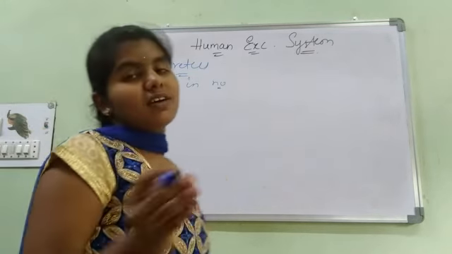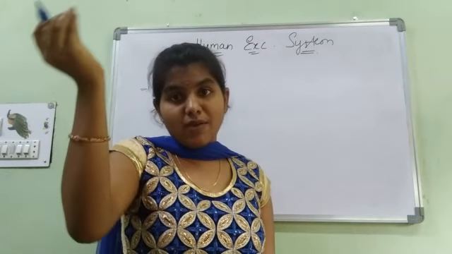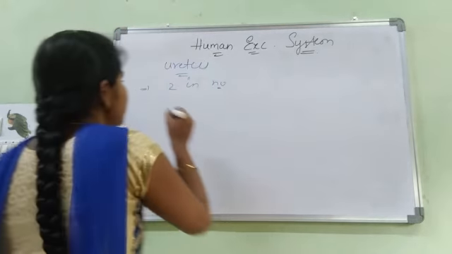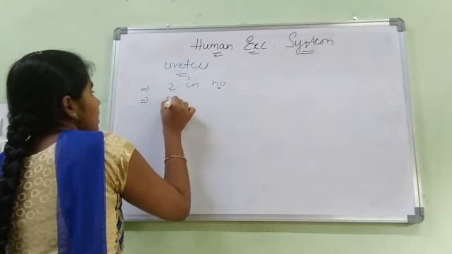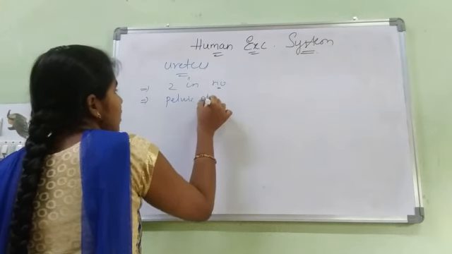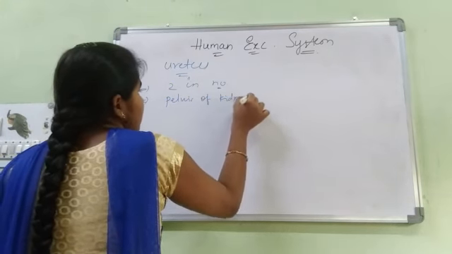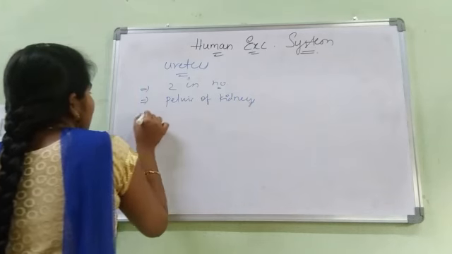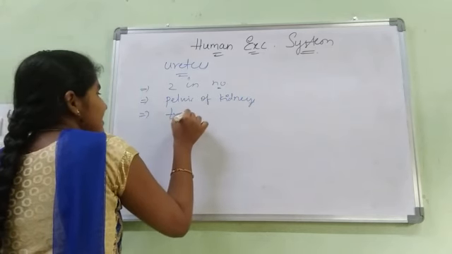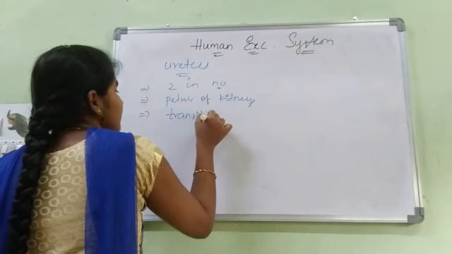They come from the pelvis of the kidney. They are long and their walls have a transitional epithelium.